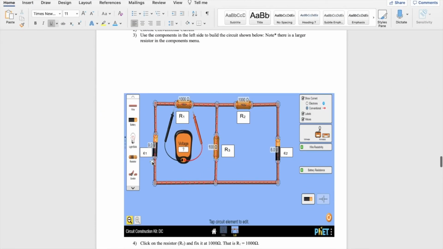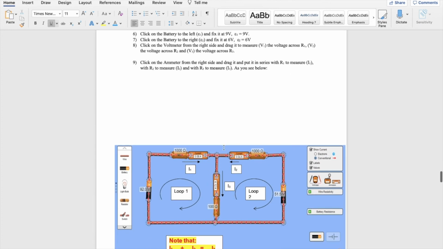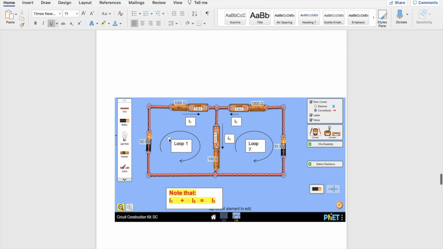So here use 9 volt batteries for your E1, your EMF 1, your voltage 1, your voltage 2. There are 2 voltage sources and 3 resistors. Okay, you can go in the loop suggested here and write your current direction.